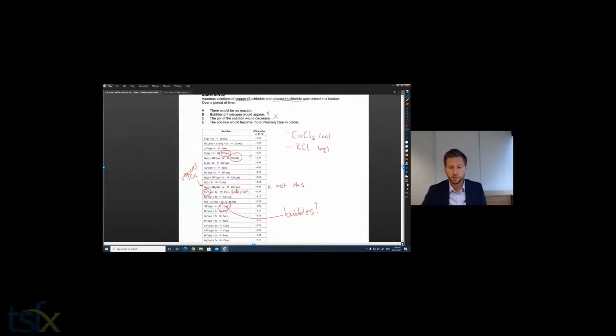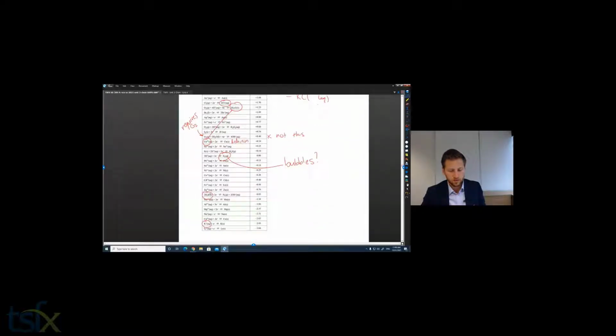So that can't be true if it did undergo reduction. The most likely one to occur is the copper undergoing reduction with the water. So why does this copper react with water? Why does the potassium or this water not react? Why do these ones react?